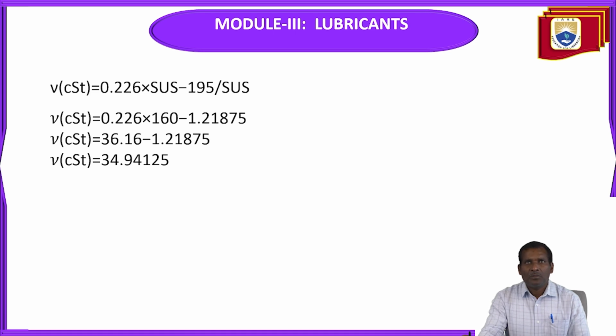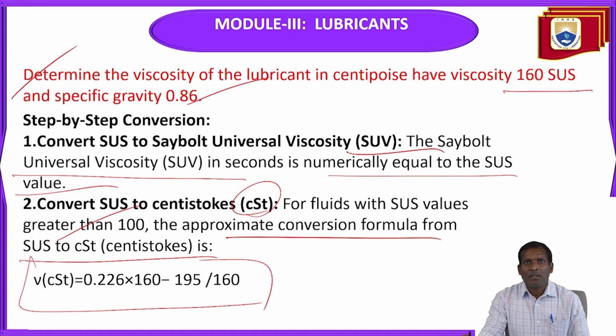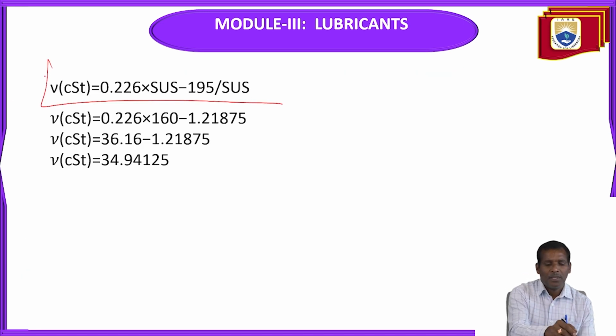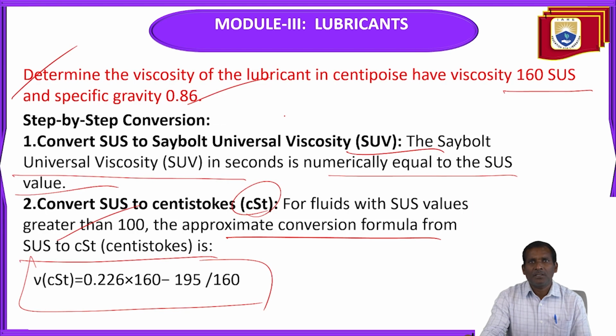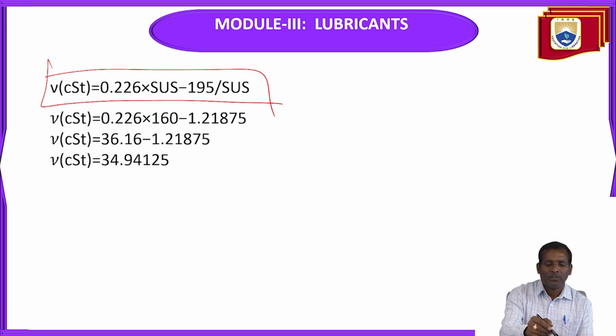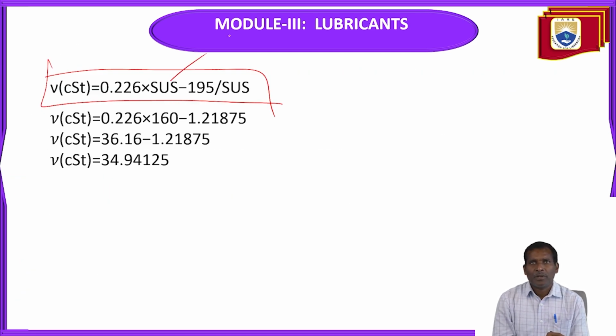So here the actual formula is VCST, the SUS to centistokes conversion. Whenever the fluid's SUS value is greater than 100, VCST is 0.226 multiplied by the SUS value minus 190 by the SUS.